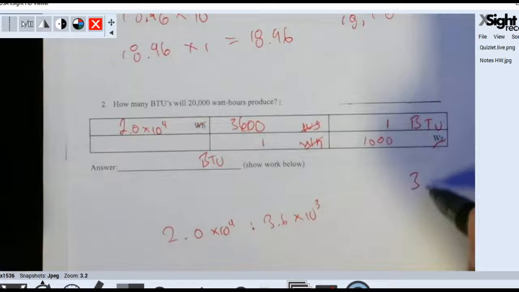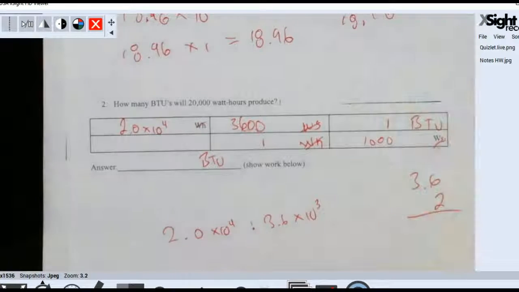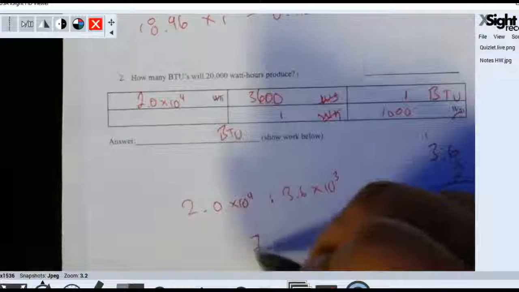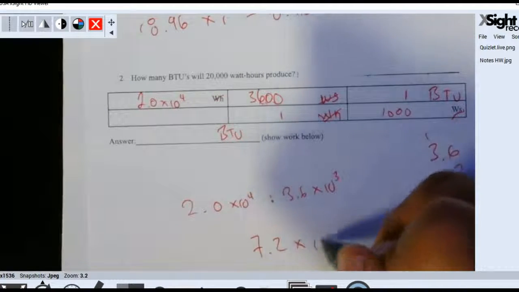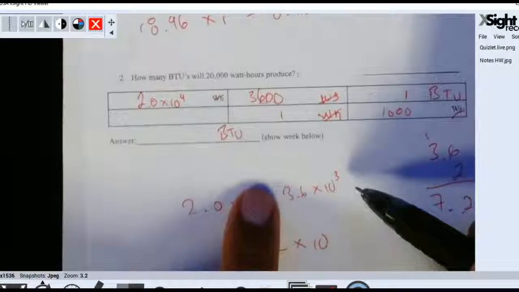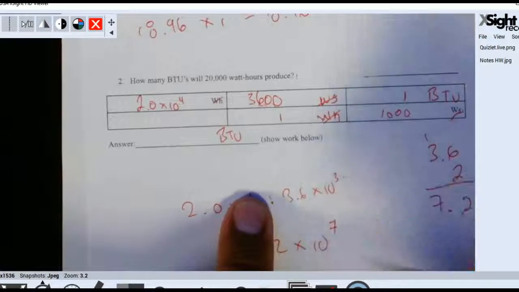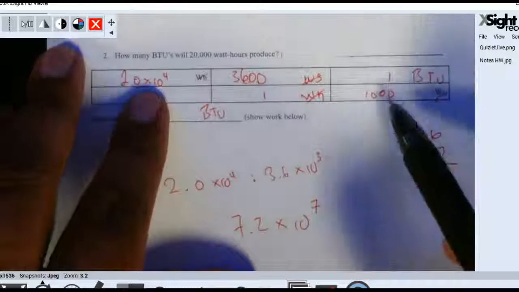All right, so let's go 3.6 times 2.0, so really just by 2. Okay, so that is 12, carry my 1, 7.2, because just one decimal over. So 7.2 times 10, and this is an addition problem, 4 plus 3, so 4, 5, 6, 7, to the 7th.